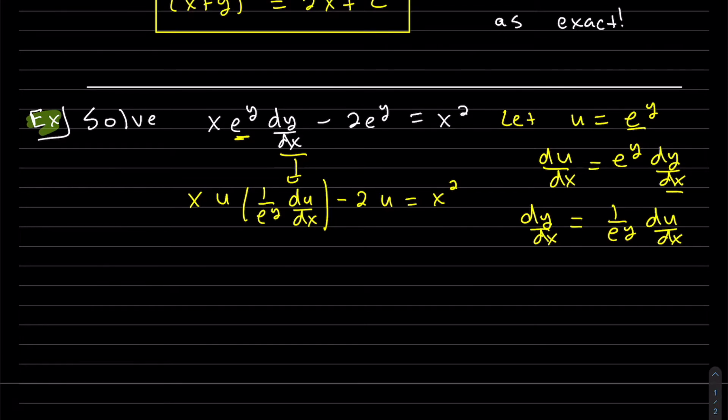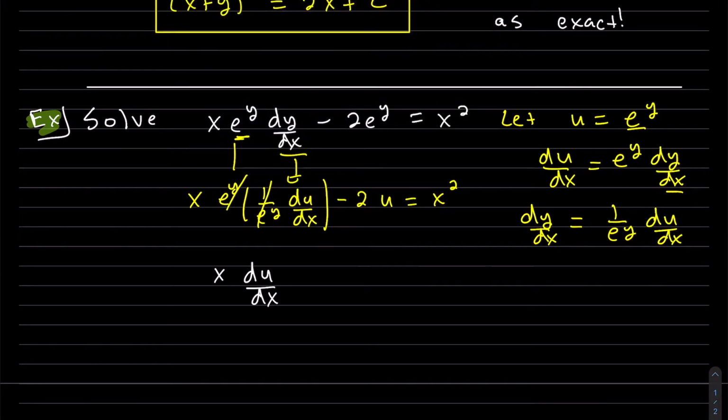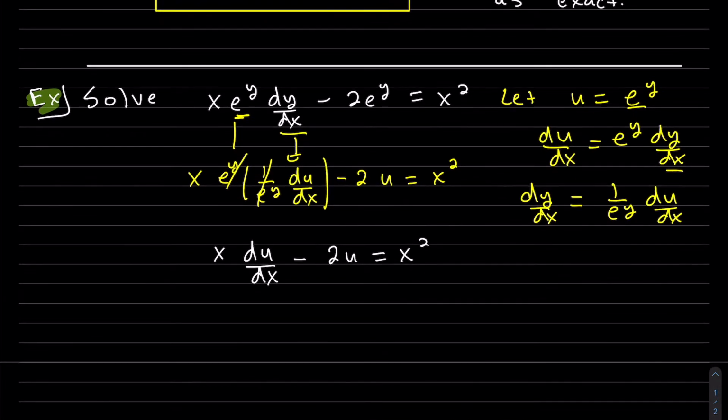And it looks like if we didn't replace this, or replace that with u, it's going to cancel. So that will cancel with that. Or change them to u's, they still cancel. I don't think it's going to separate, but it looks like it's a prime candidate for integrating factor. But let's get it into the right form.